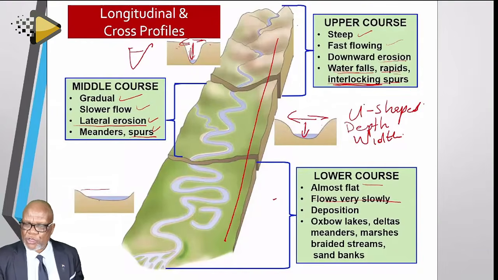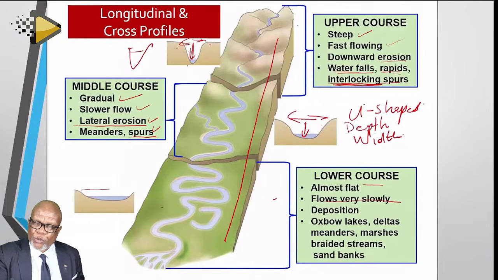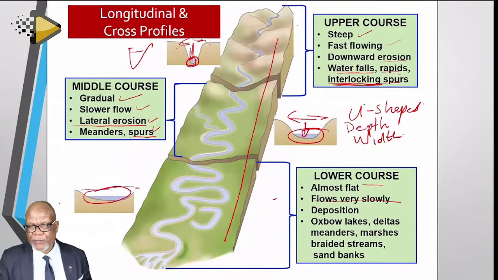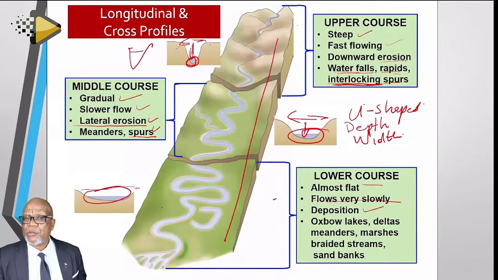Here the volume of water is little, then it has increased, but in the lower course it is at its highest. But now, there is more deposition. Why is there more deposition? Because the river is flowing slower, as the gradient is almost flat.